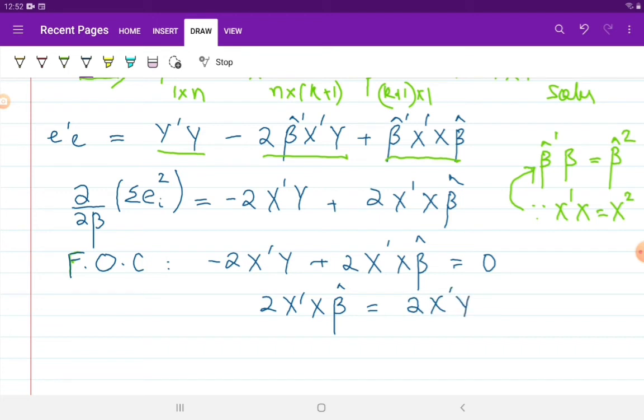Since 2 and 2 are scalars, they cancel out and you have x transpose x times beta hat equal to x transpose y.